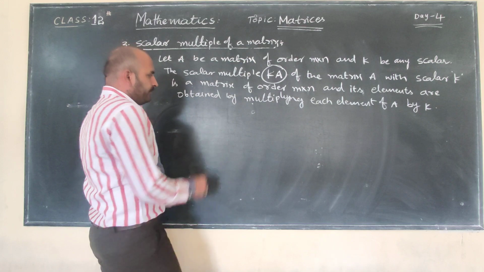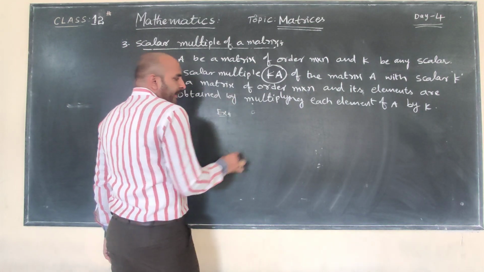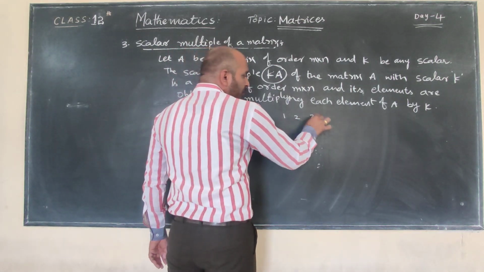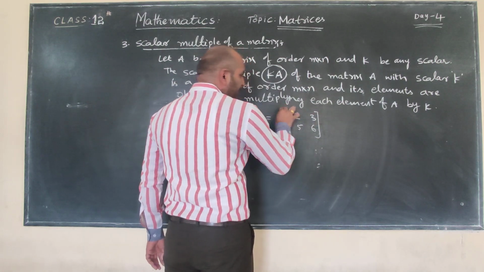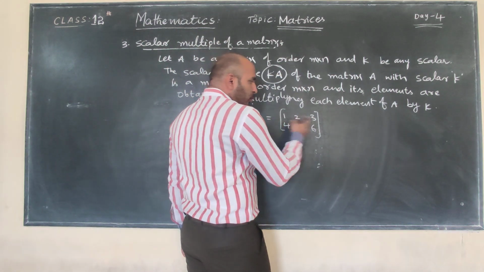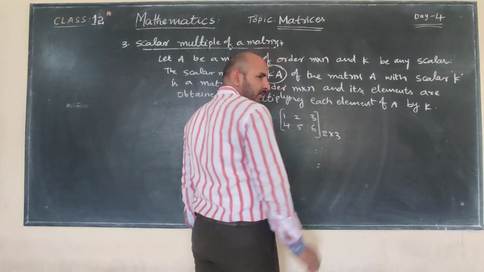Let us take an example. Capital A is equal to the matrix 1, 2, 3, 4, 5, 6. This is 2 rows and 3 columns.